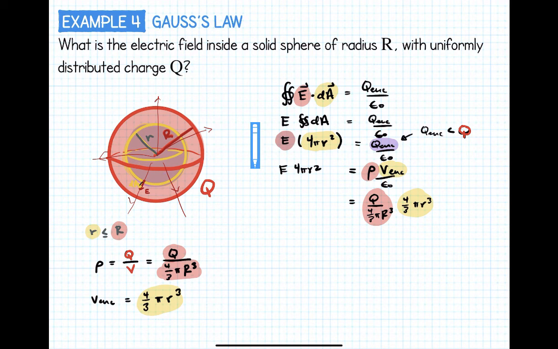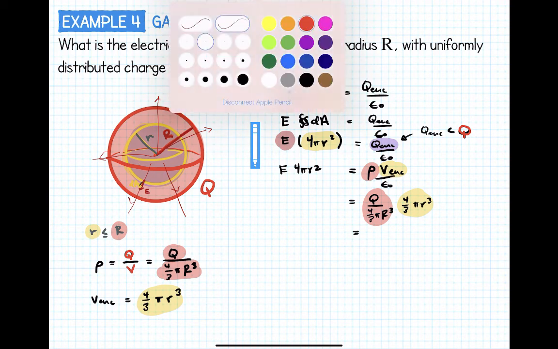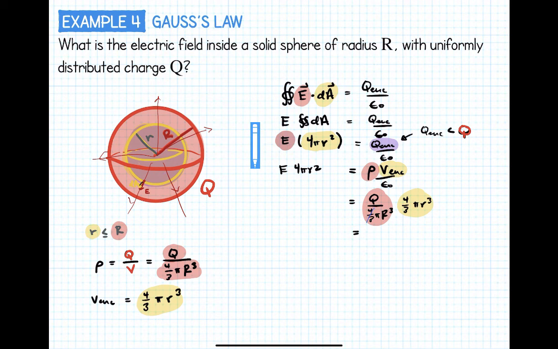So when we figure this out, we end up canceling some things, and let me just pick something different, maybe a blue. So the 4/3 cancels, the pi cancels, and you end up with a fraction, which is what we were expecting. So we get Q r cubed over R cubed.